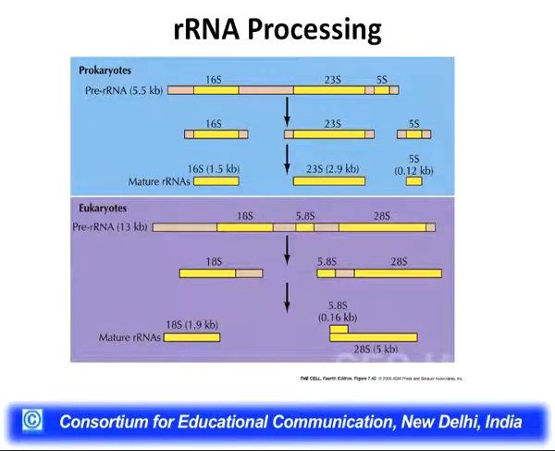The upper panel shows the processing of rRNA of prokaryotes, leading to formation of 16S, 23S and 5S rRNA from a polycistronic primary transcript, and the lower panel shows formation of 18S, 5.8S and 28S rRNA from a primary transcript of 45S rRNA.